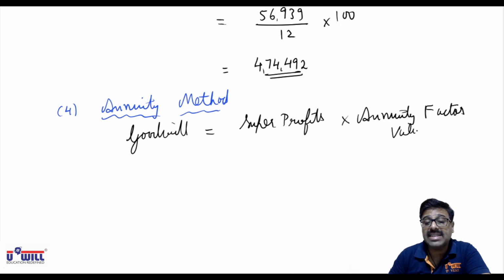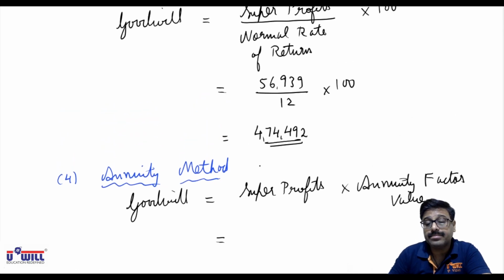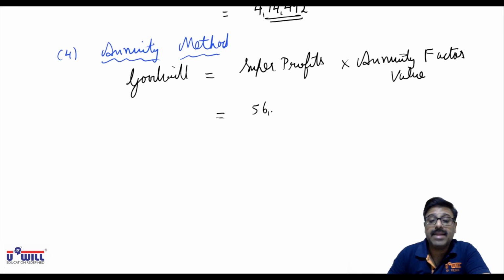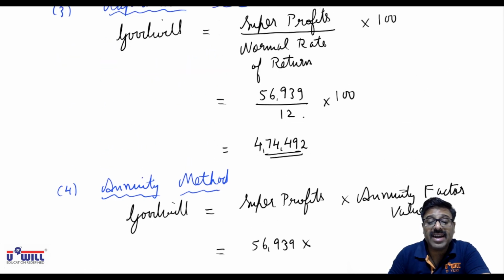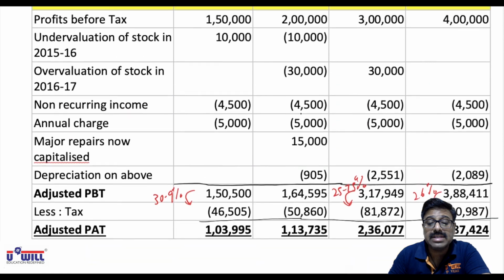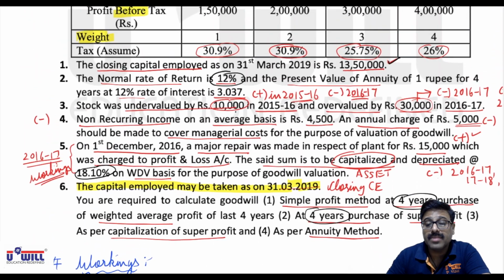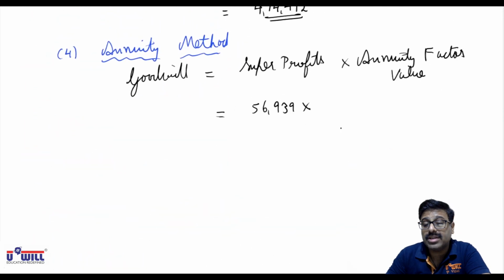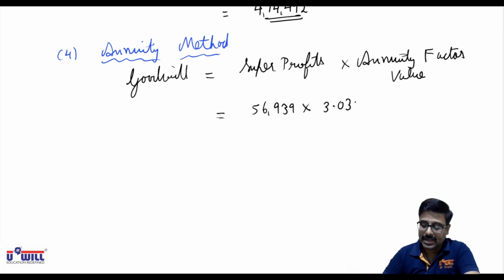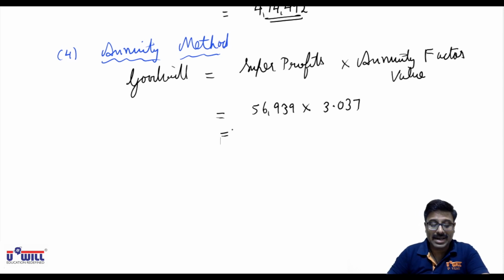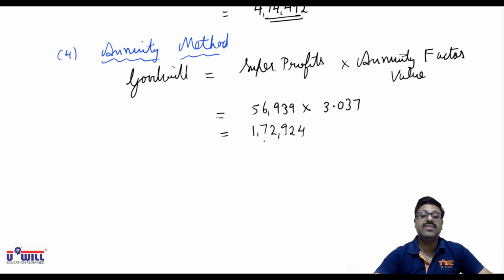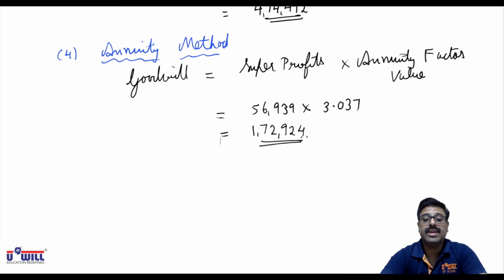Super profits are 56,939, multiplied by, see adjustment 2, the annuity factor value for 4 years, which will always be less than 4, 3.037. So 56,939 into 3.037 comes to 1,72,924 if you round it off. So this is how we find goodwill by all the various methods.